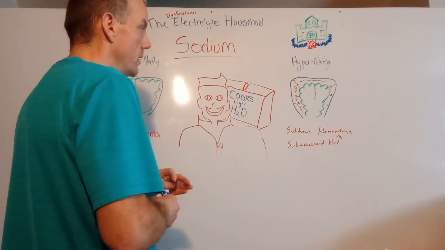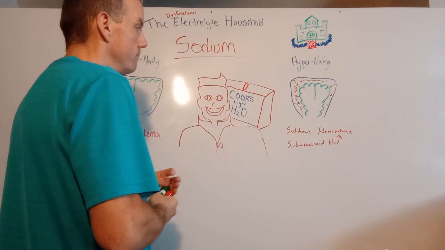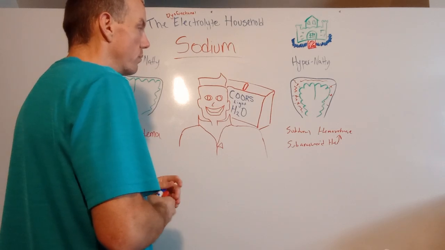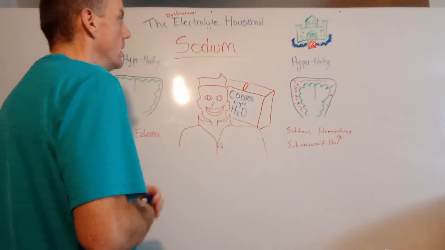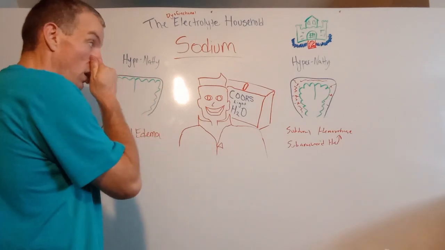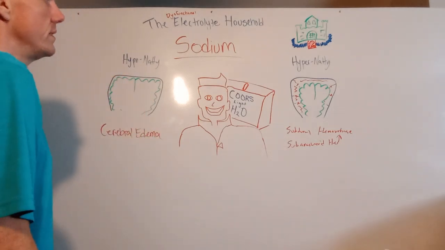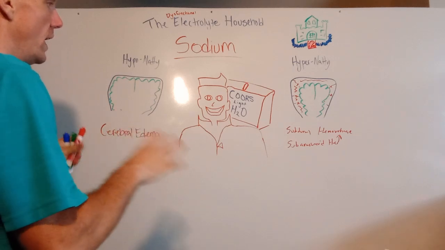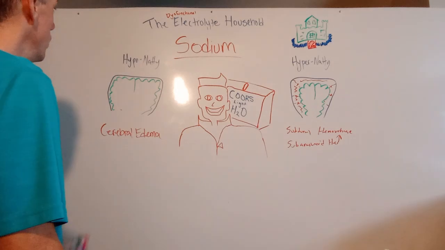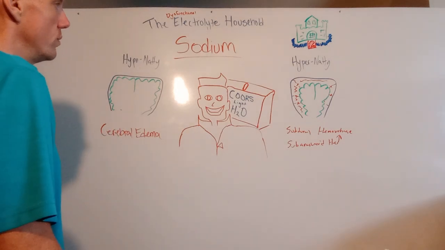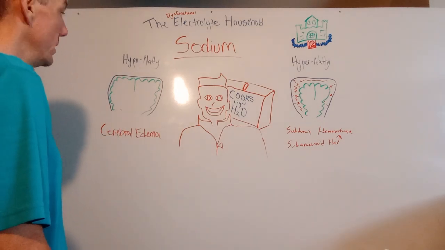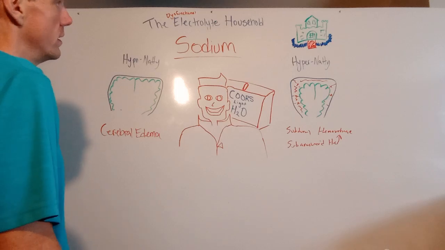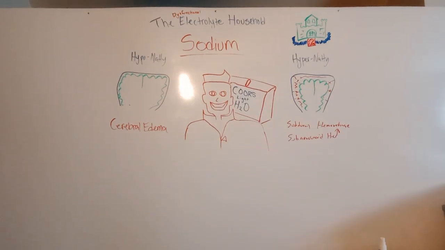You're just going to see some brain changes, altered mental state, etc. Both of these are medical emergencies, very serious. And so if either of these things start happening when sodium goes way too high or way too low, these have to be rectified immediately.